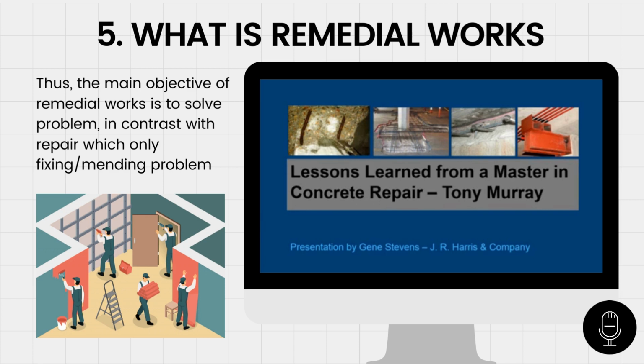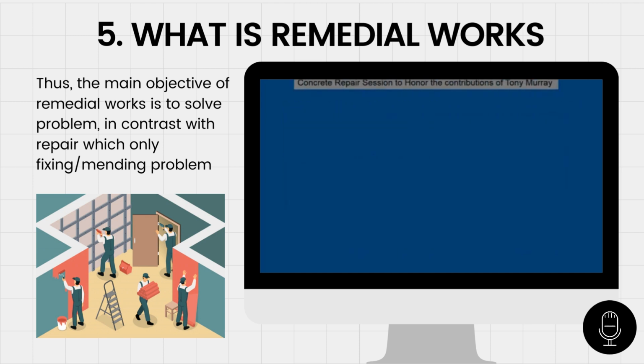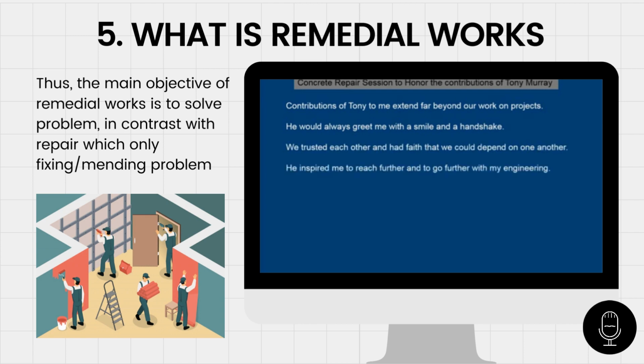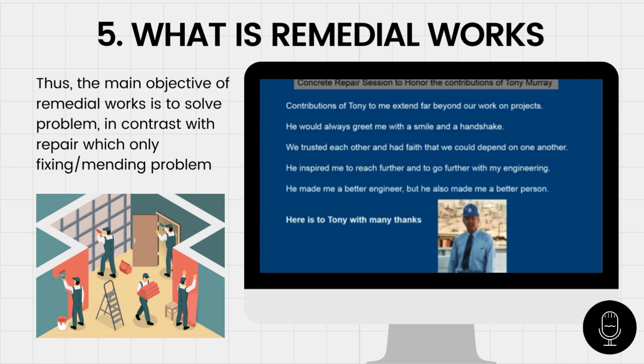I'm going to present some of the projects we've done with Tony. What is remedial works? There's a number of them. Thus, the main objective of remedial works is to solve problems, in contrast with repair, which only fixing or mending problem. They extend far beyond for in this me, video, the project. The link is provided always greeted me with a smile to be viewed and a by all of you, very good thus and to better understand trusted each other what and had faith remedial we could depend on one work another. is. Inspired me what to reach is further remedial and works? to go further with my engineering. Thus, the main objective He of made me a remedial better works engineer, but he also is made me to a solve better problems, person. In contrast And I thank with him for repair, that. which Here's to only Tony with many fixing thanks.